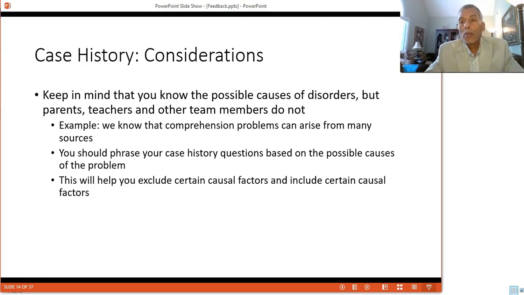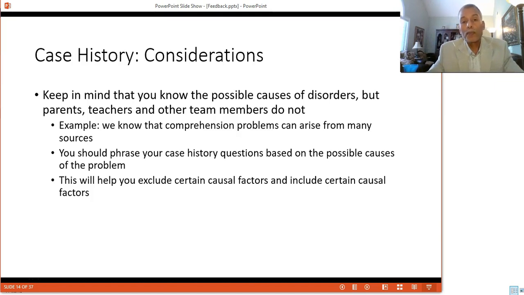Now, before we get into the case history analysis, we need to look at some considerations, and keep in mind that we try to focus on the possible causes of a disorder. As we approach that, the information we get from parents and from other professionals, we use it to enable us to include or exclude a disorder that we are suspecting.